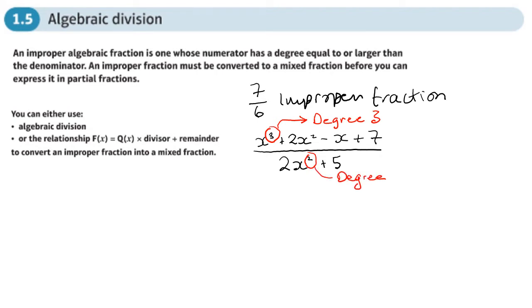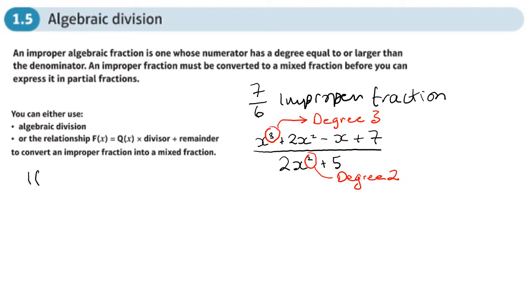Now, we can get an algebraic improper fraction when we have an algebraic fraction and the degree at the top is the same or higher than the degree at the bottom. Okay, so here we've got an algebraic fraction and the degree at the top is 3. It's higher than the degree at the bottom. Even if the degree at the top was the same as the bottom, there are some values of x for which the fraction can be improper.